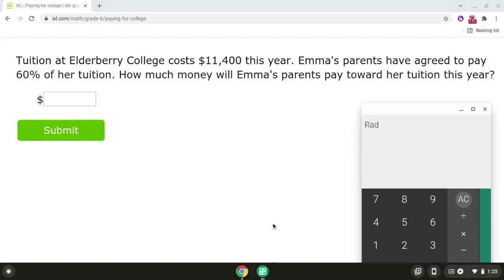So if we take $11,400 and we multiply it times 60%, which is 0.60, that will give us $6,840. And this is the amount of money that Emma's parents will pay toward her tuition this year.